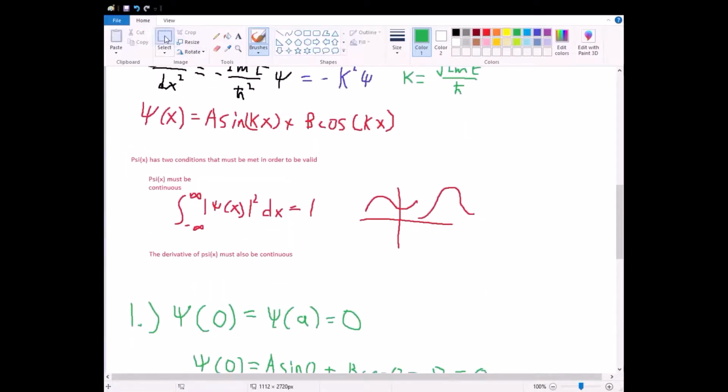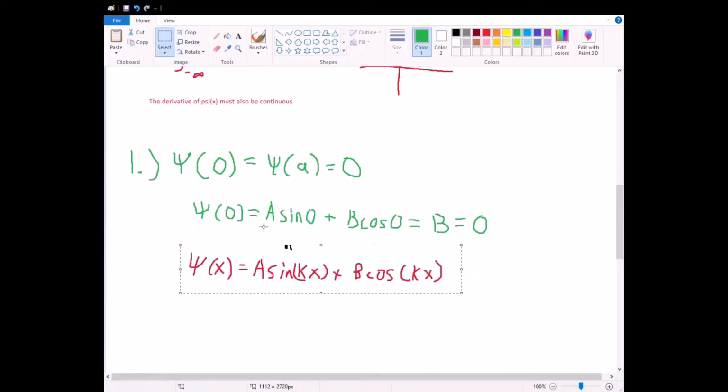So if we take our wave function that we've defined so far, we now know that b must equal 0 and cannot be in this expression, so we just erase this, erase the plus sign and also the mark I accidentally brought down. So now we know that psi of x is purely a sine function, no cosines.